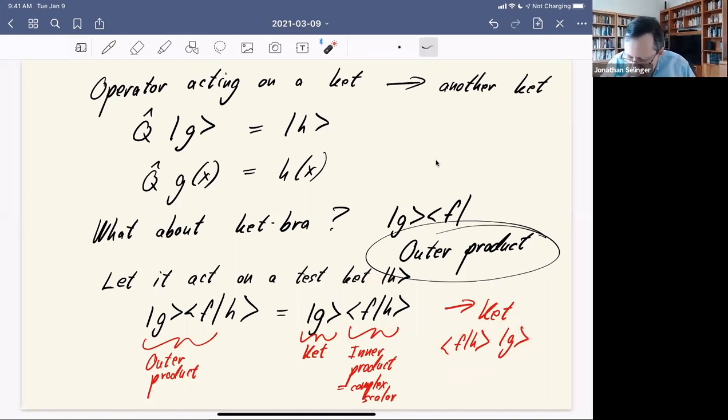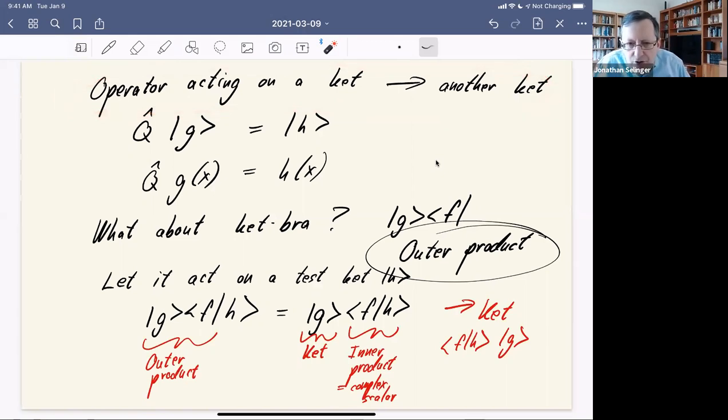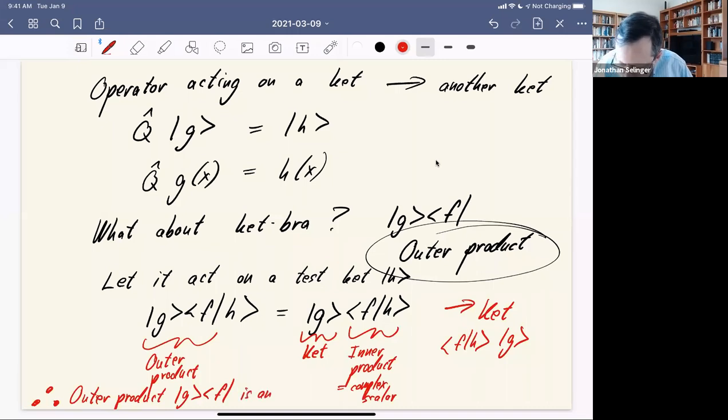So that tells us that the outer product acting on a ket produces another ket. That's the same thing that I just wrote up here, that an operator acting on a ket produces another ket. Therefore, the outer product, |G><F|, is an operator.